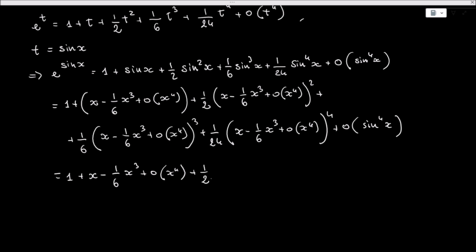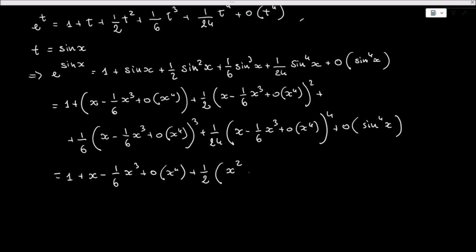1/2. Now let's see what are the terms that remain after developing the square. So we get x to the square, and now of course when we raise minus 1 over 6 x cubed to the square, we get x to the 6, which is something that will be eaten up by the infinitesimal of x to the 4.